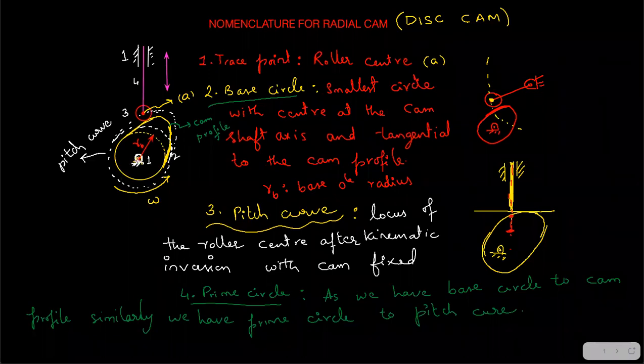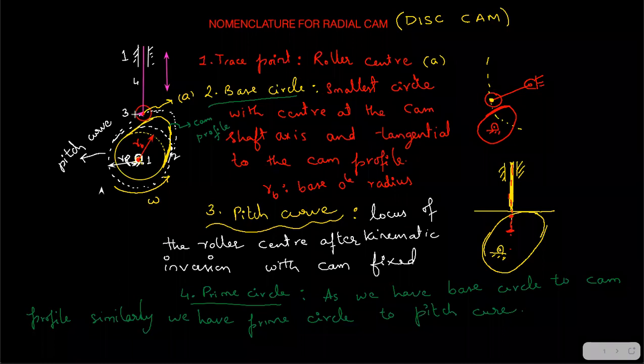And this is your RP. Now the next thing is, I can write a relation right now. If the roller radius is RR, let's show the roller radius with some other ink.